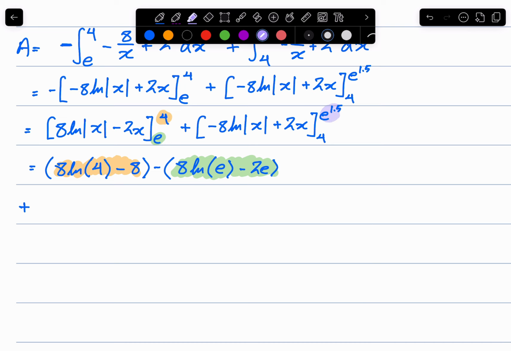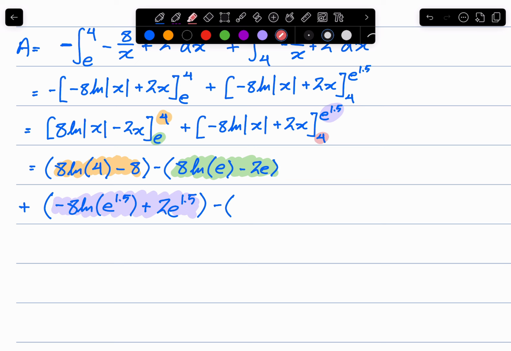Substituting now e to the 1.5: negative 8 ln of e to the 1.5 plus, substituting here, 2 e to the 1.5, and all of that is the substitution of e to the 1.5, minus the substitution of 4.